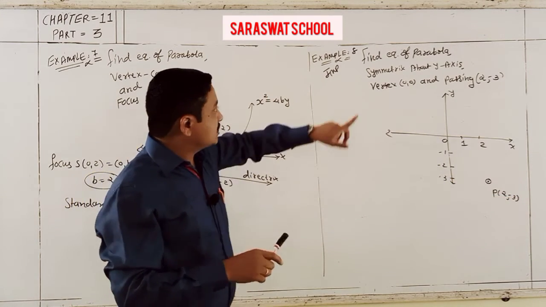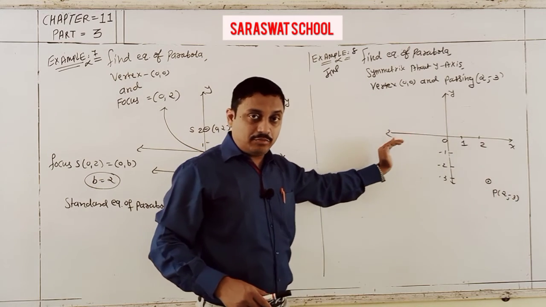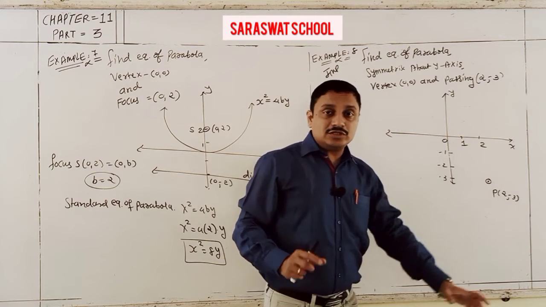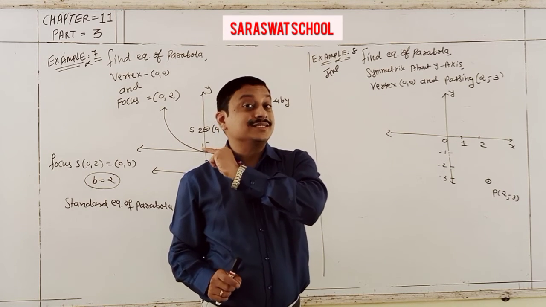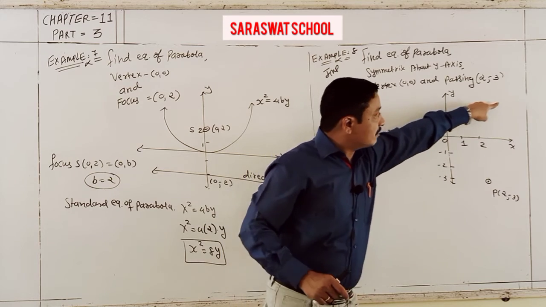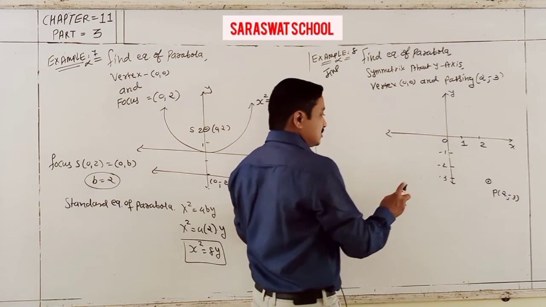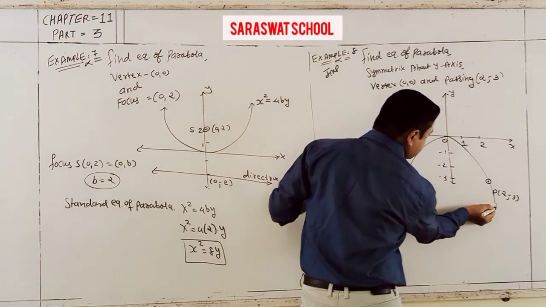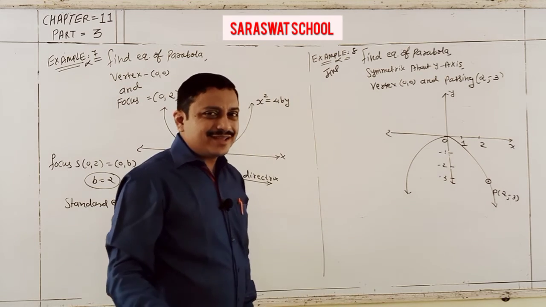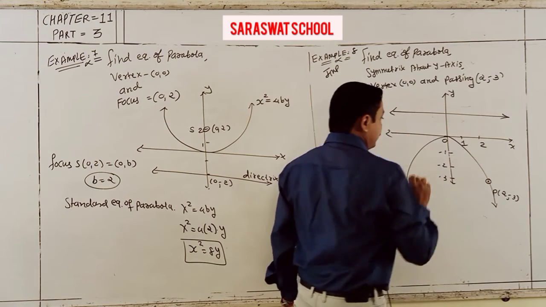Symmetric about the y-axis means your graph is going to these sides, passing through P. If you wrote symmetric about the x-axis, your graph is going that way. Yes, I will cover symmetric about y, so on this side my graph goes, passing through. Now very easy. Here the directrix is not known, don't worry.